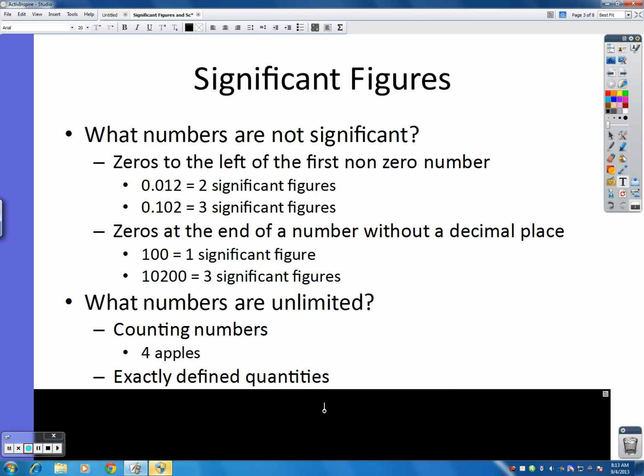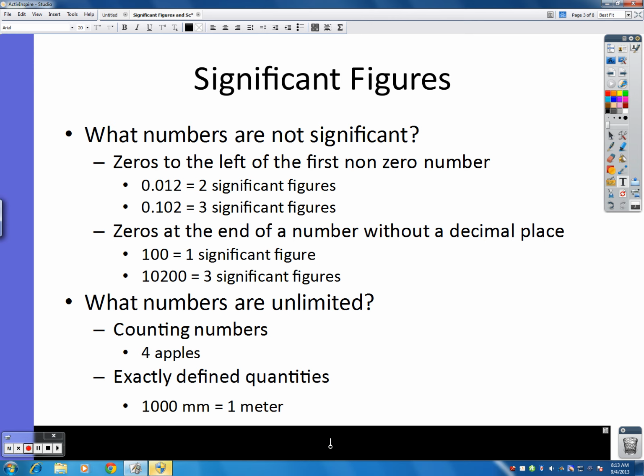The other one is exactly defined quantities have unlimited significant figures. So for example, 1,000 millimeters equals 1 meter. The 1,000 and the 1 both are considered unlimited significant figures because they are exactly defined quantities, as opposed to if you rounded, say something like 2.54 centimeters is 1 inch.